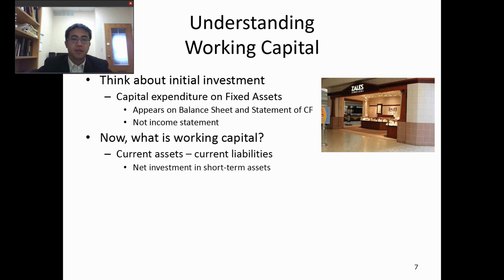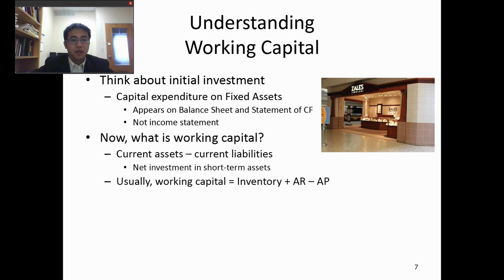And then, because of the new business, you have to buy new inventories. You have to buy all the sapphires, gold, necklaces, and diamonds. And that's going to help you boost up the inventory so you can keep the selling business running. And when you build up the inventory, your current assets actually increase, your working capital increases, and then you are required to spend cash for that increase of inventory.